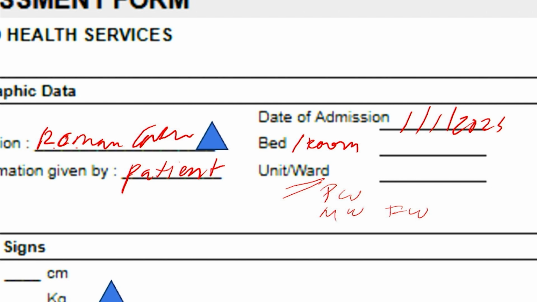If you say female ward, we're dealing with lots of beds. There are like 5 beds in a ward, or 6, or 10, could be worse. So we can indicate male ward or female ward, and then what particular bed in that ward they are assigned. For example, bed number 5, so put number 5.